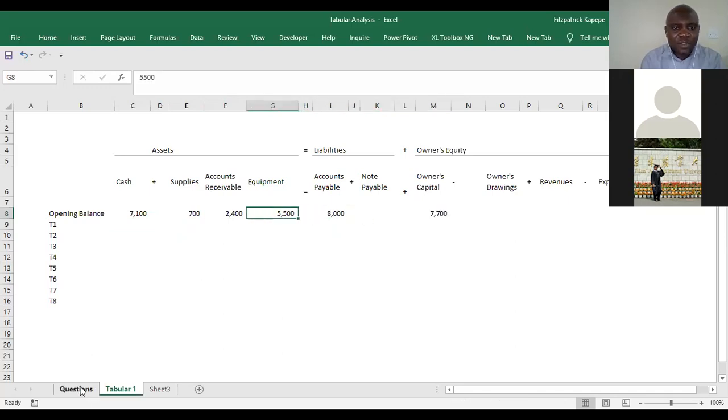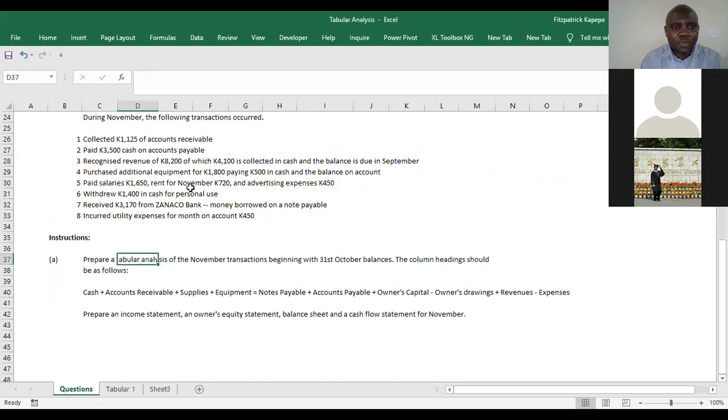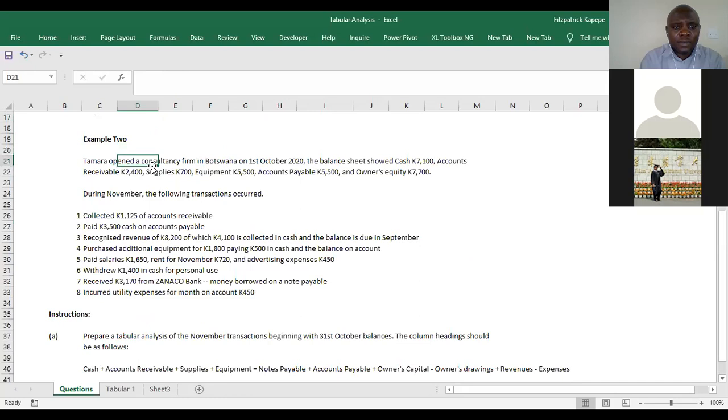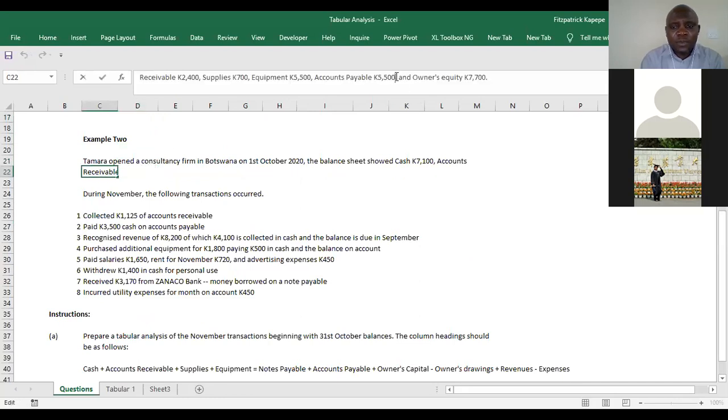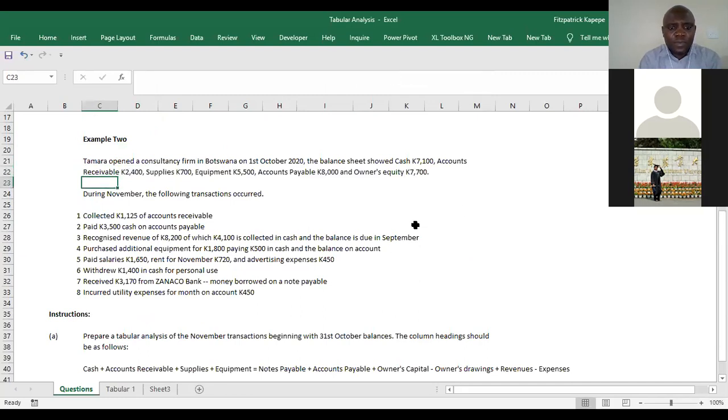So here, this is where I made a mistake on accounts payable. It's supposed to be 8,000, where we had 5,500 on top. Otherwise, it's not going to balance.